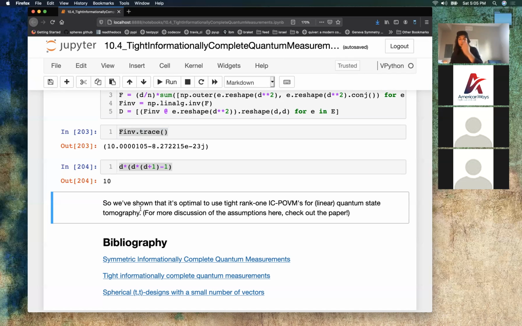Just to recap where we went, we talked about designs, sets of design vectors, useful for doing numerical integration. And we talked about the relationship to frame theory. Frames are generalizations of bases where you can have an over-complete set, greater than the possible number of linearly independent vectors.